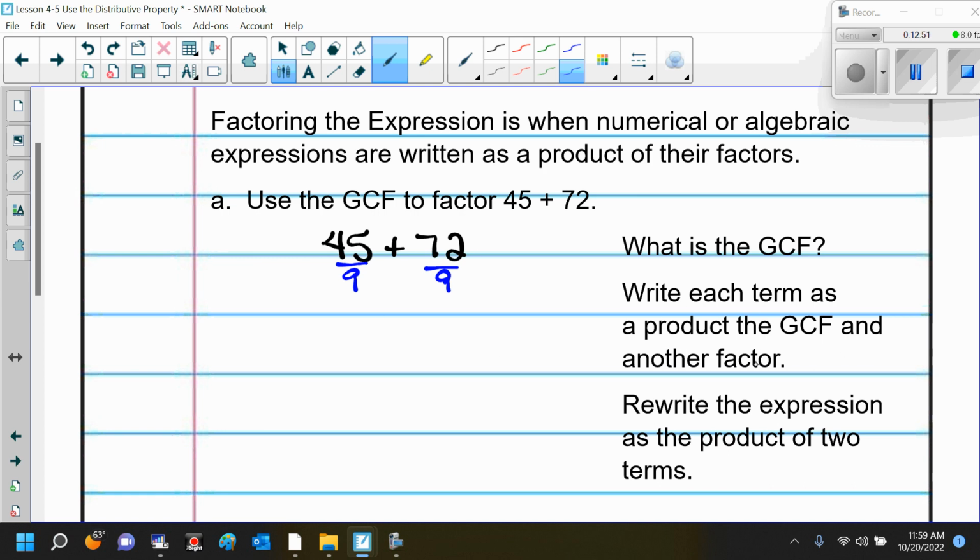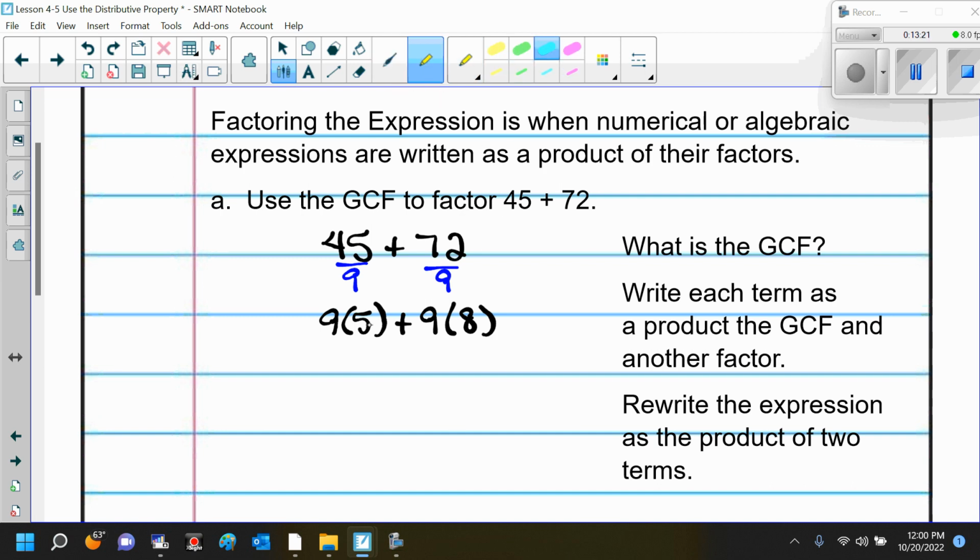So now we're going to write each term as a product of the greatest common factor and another factor. So 9 times what equals 45? 9 times 5. See how we got that 5? You just divided. Does everybody see that? And then plus 9 times what equals 72? 8. So again, we see 72 divided by 9. That's how we got the 8. Is everybody clear with that?